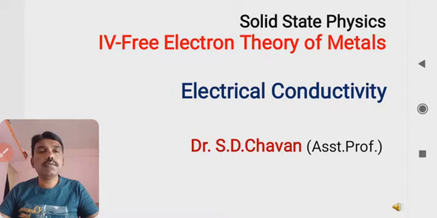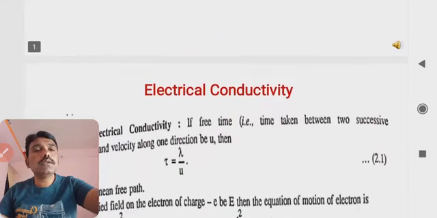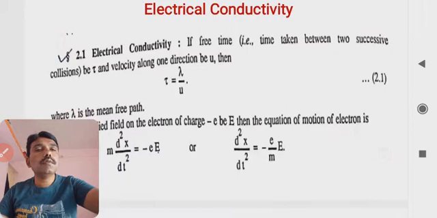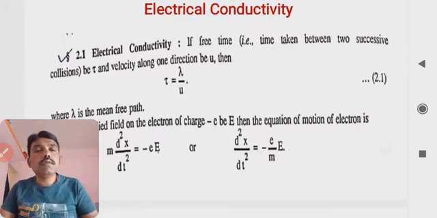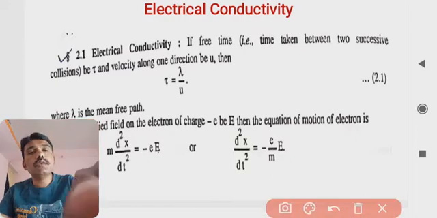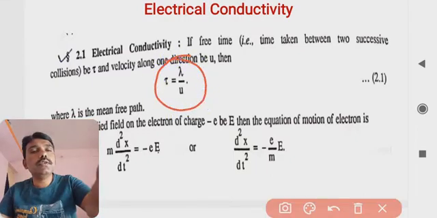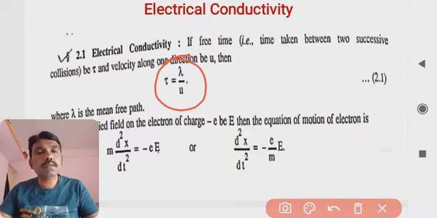Now first of all we start with the electrical conductivity. In general, we are already aware, in the first year we have seen what is meant by the mean free path. Here, using the relationship for lambda, t and u: the time taken between two successive collisions is tau, u is the velocity, and lambda is the mean free path, that is the distance.